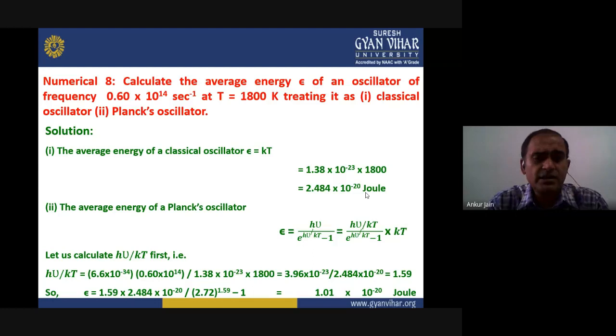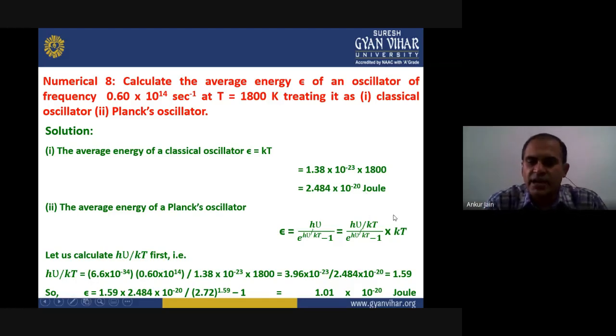Now the second part, the average energy of a Planck's oscillator is given by epsilon equals h nu upon e to the power h nu upon kt minus 1. If we rearrange it, we can divide the upper part by kt and multiply by kt.